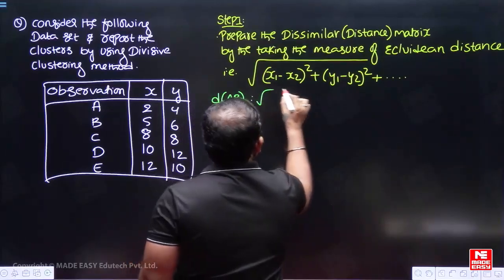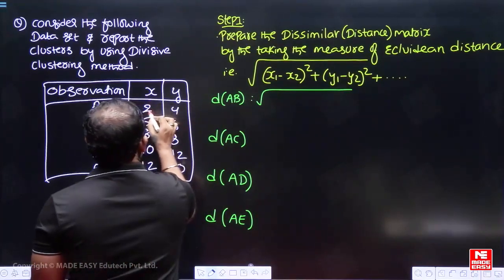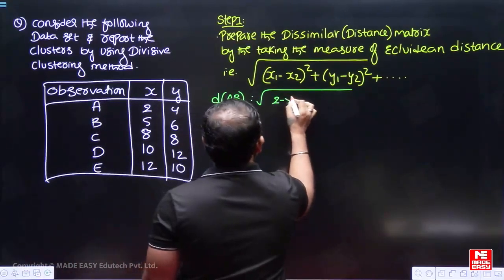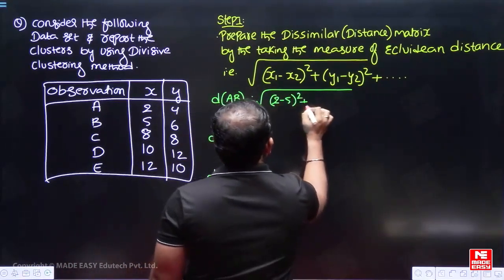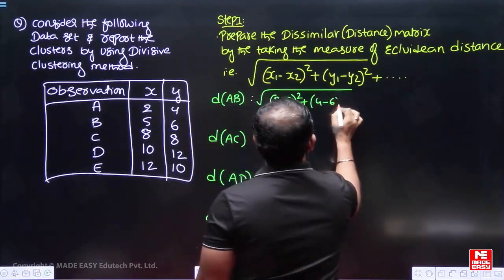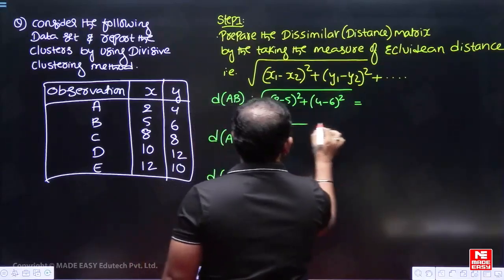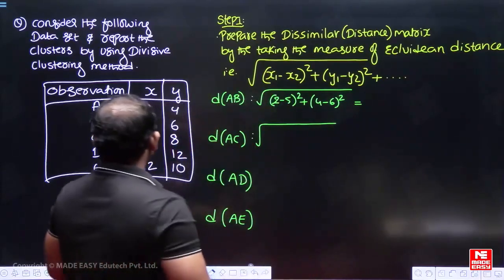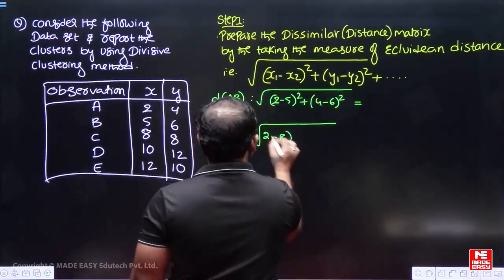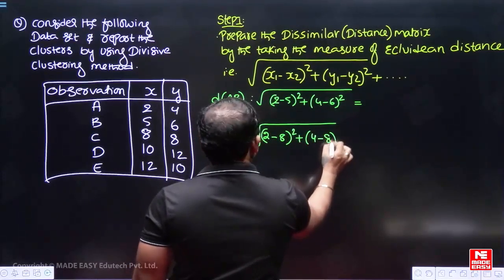That is square root of, for AB, points A to B, 2 minus 5 whole square plus 4 minus 6 whole square. Report the value. Similarly, calculate AC: 2 minus 8 whole square plus 4 minus 8 whole square.